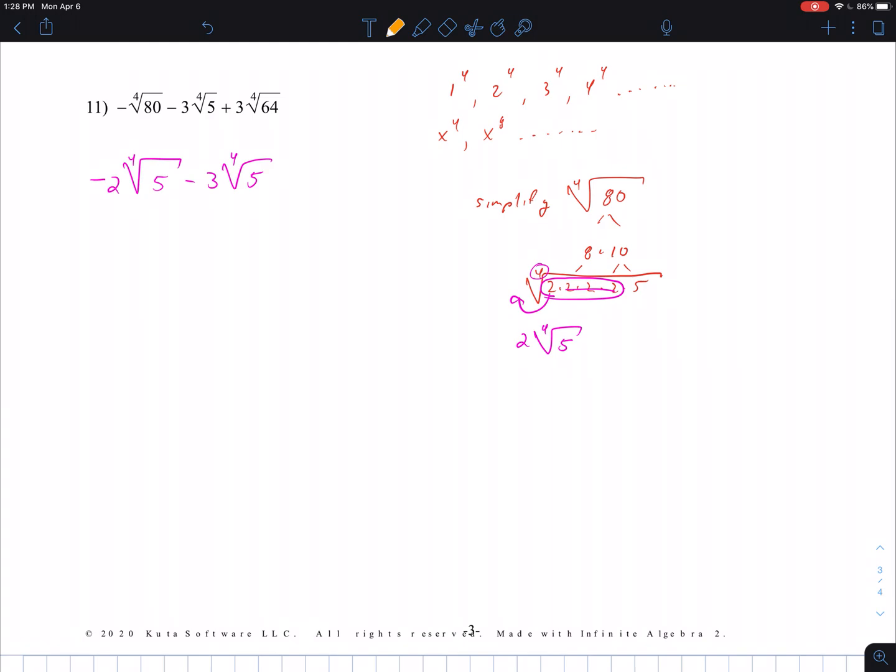Now let's take apart the other one. We're going to simplify the fourth root of 64. Well, 64 is kind of nice. I mean, we could break it down by 2's if you want first, but we could also break it down by 4, right? Because 4 goes into 6 how many times?